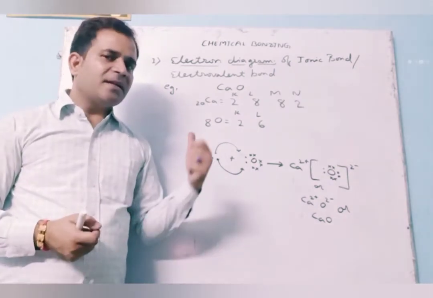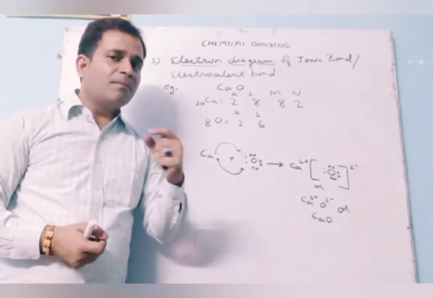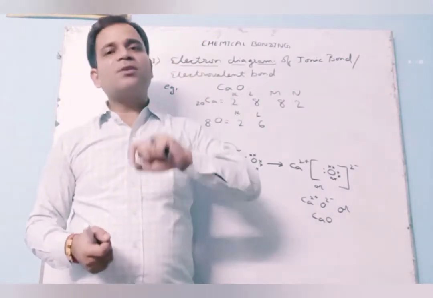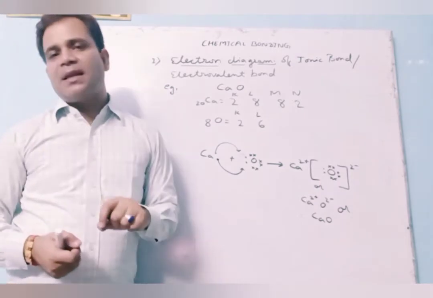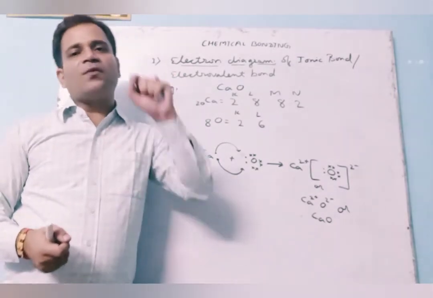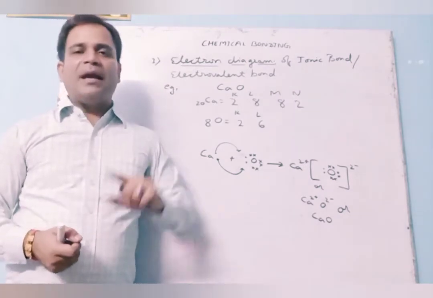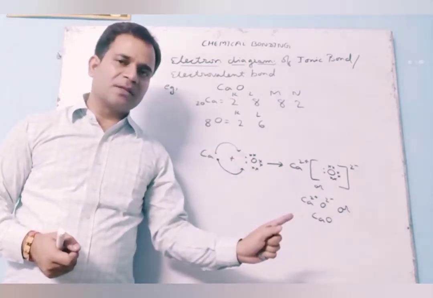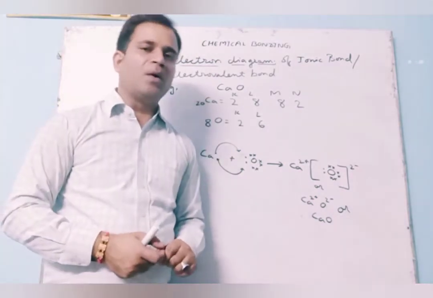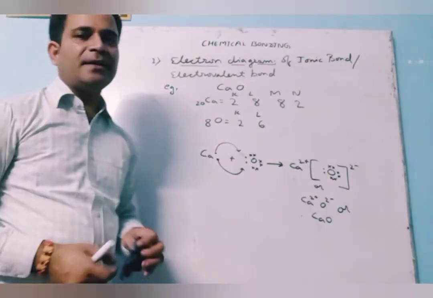It means there is a repulsive force also, but the repulsive force is less in comparison to the electrostatic force. So that's why I am saying, during the formation of an ionic bond, the electrostatic force is more in comparison to the repulsive force. So that's why they always form the ionic bond, or you say the electrovalent bond.